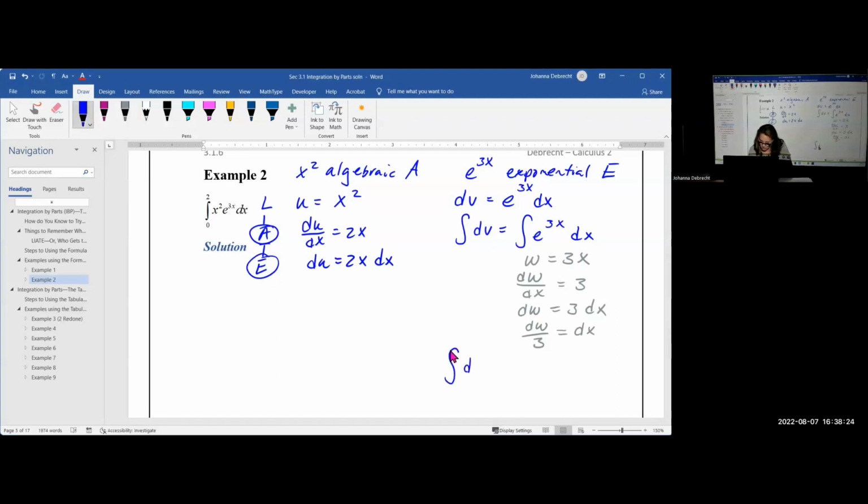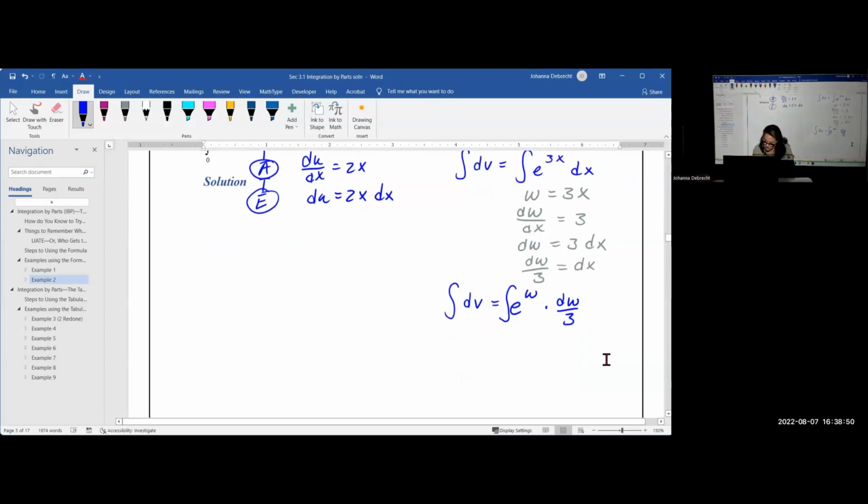We have the integral of dv equal to e to the omega, and dx becomes d omega over 3. So the 1/3 is a constant. It can come to the front of the integral, and we get the integral of e to the omega d omega, which is just e to the omega.